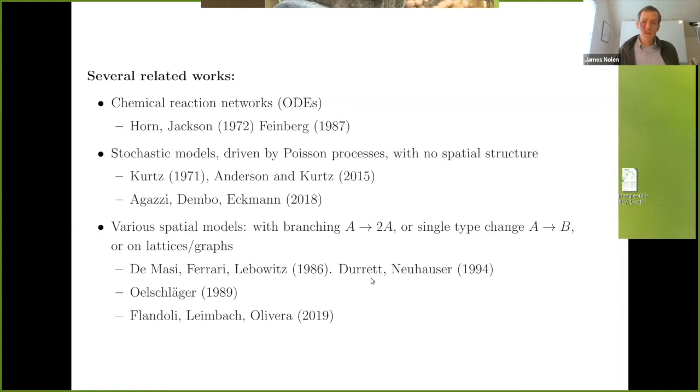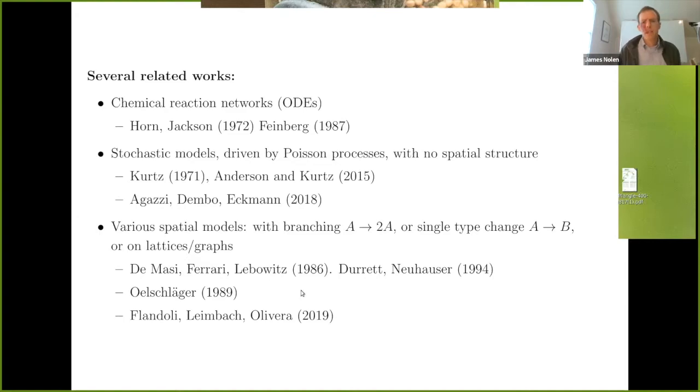Related work of Durrett and Neuhauser studied spin type systems on a lattice, giving rise to systems of equations. Our work and the model we look at is closer to the work of Oelschläger, who studied particles diffusing in a continuum and interacting through a kernel. He studied convergence to a reaction-diffusion equation.